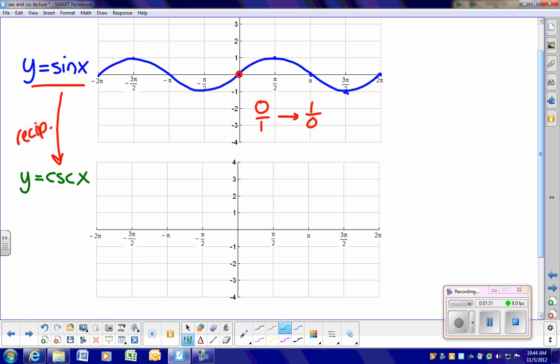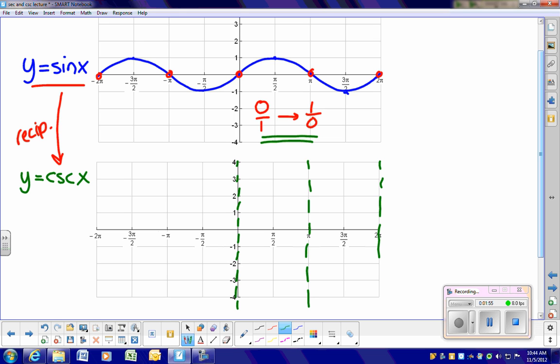So on this graph down here, which is your cosecant page, I'm going to put a vertical asymptote at that same location. And this will happen every place that sine is equal to 0. Every place that sine is equal to 0, which is all these places that I'm highlighting in red, at each of those locations, cosecant is going to be undefined because 0 doesn't have a reciprocal.